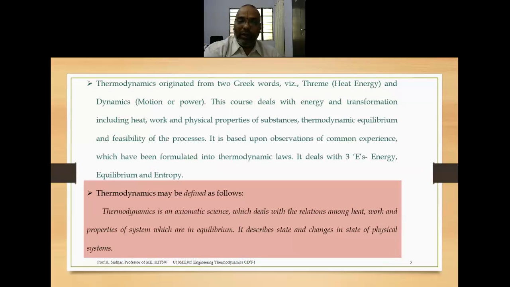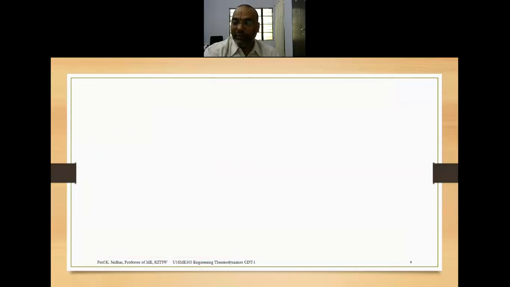How can we define thermodynamics? Various authors have defined engineering thermodynamics in different ways, but ultimately the gist is the same. One definition I have given here: thermodynamics deals with heat and work and the properties of systems in equilibrium, and it also describes the state and changes in the state of physical systems.